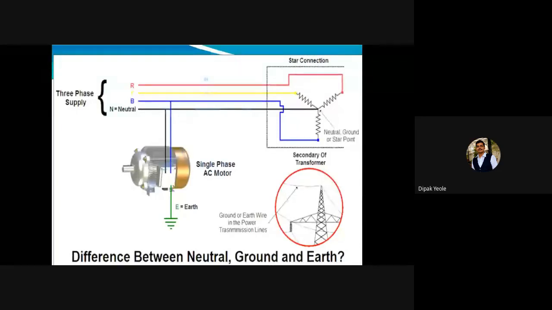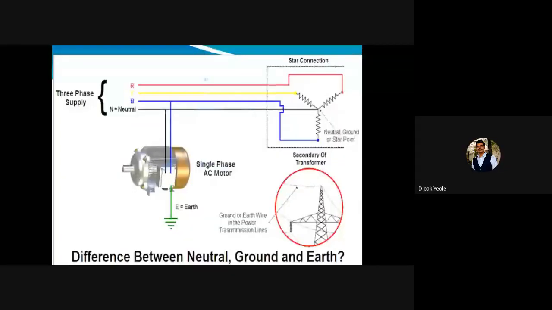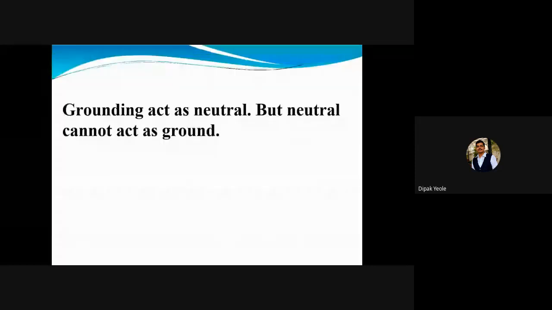So one can say that by opening of this conductor by fault, there is a possibility of the occurrence of extra charges. But if there is the activity of the earth, one can say that the person will not get the shock. So you have to remember this conclusion. What is the conclusion? Grounding acts as a neutral, but neutral cannot act as a ground.